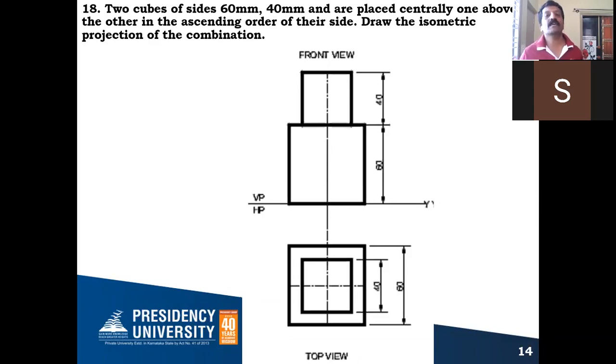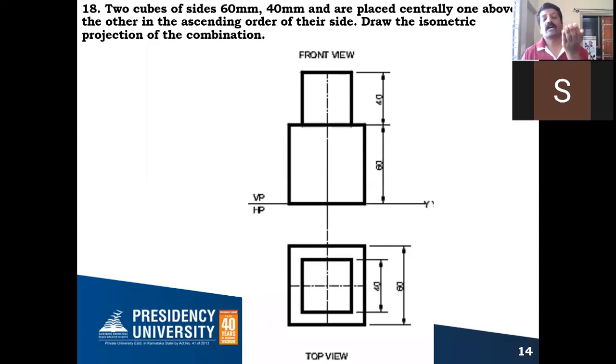What exactly is given means two cubes are there. One cube has a dimension of 60 millimeter. Another cube, placed centrally above that, has a dimension of 40 millimeter. So the two cubes are placed one above the other in the ascending order.